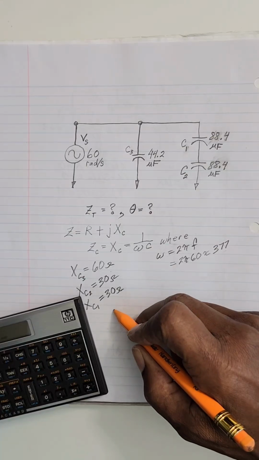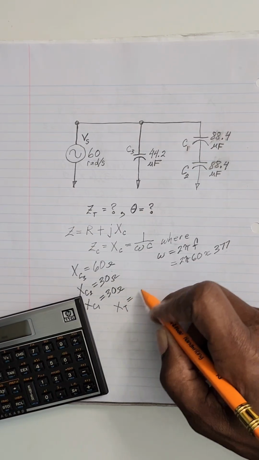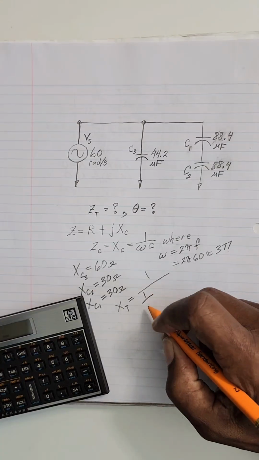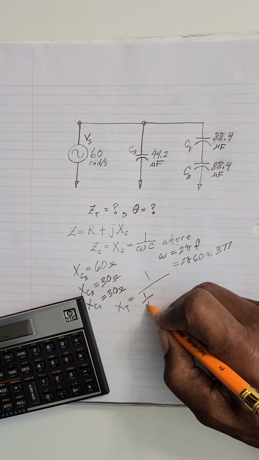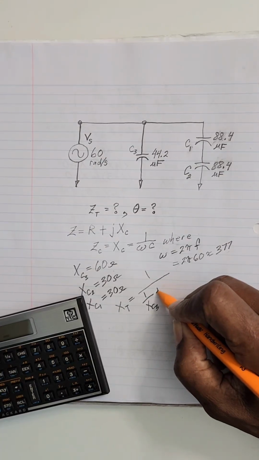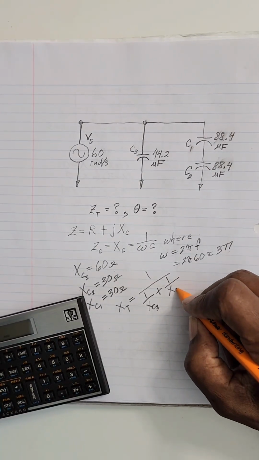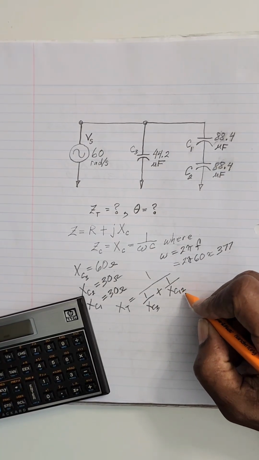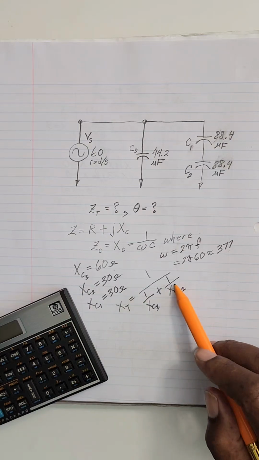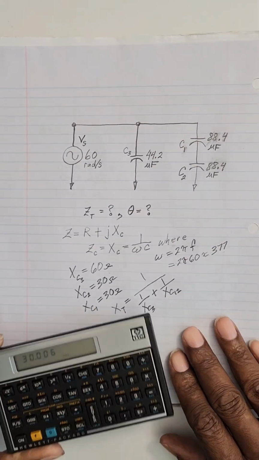So our total reactance would be equal to 1 over the reciprocal of X sub C3 plus 1 over X sub C1 and 2. And what I mean by 1, 2 is I'm going to combine them. 30 and 30 is going to be 60, so that's how we're going to get those together. So let's do that.